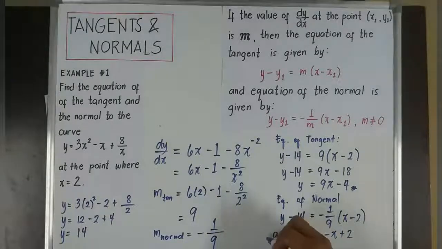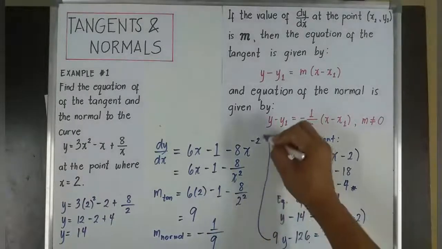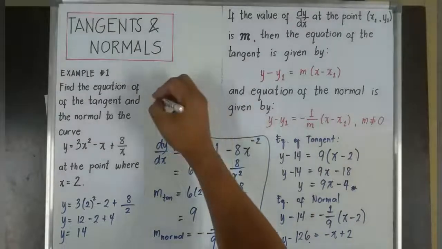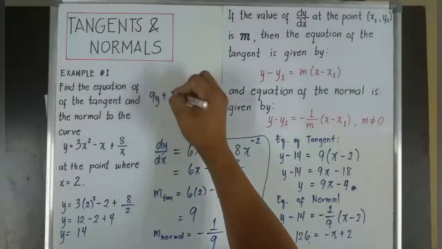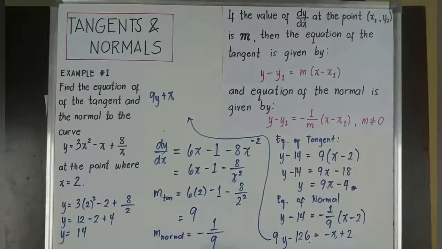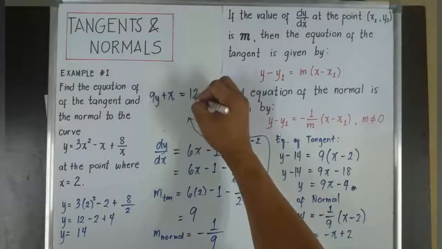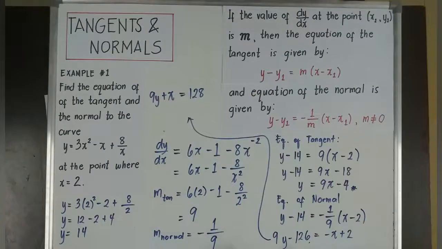Oh, I don't have space anymore. Let's put it there. The equation of the normal is now 9y plus x is equal to 128. Remember, it can be written as ax plus by is equal to c.